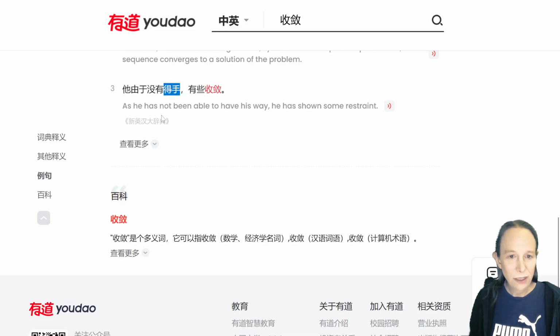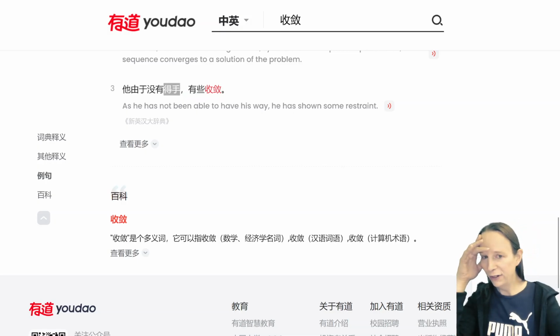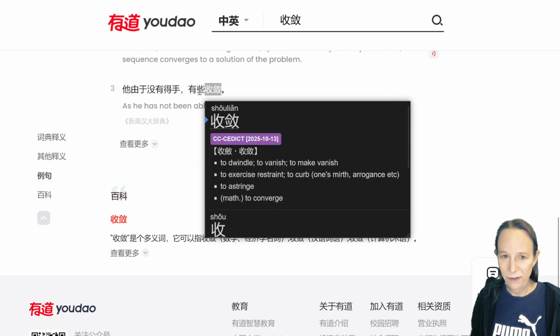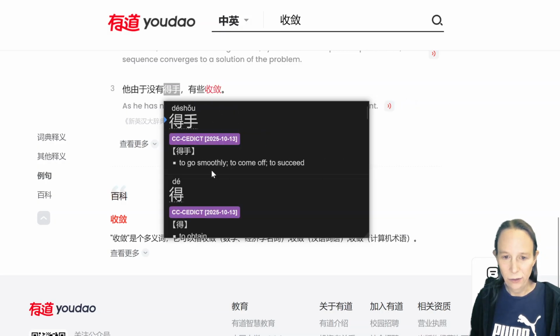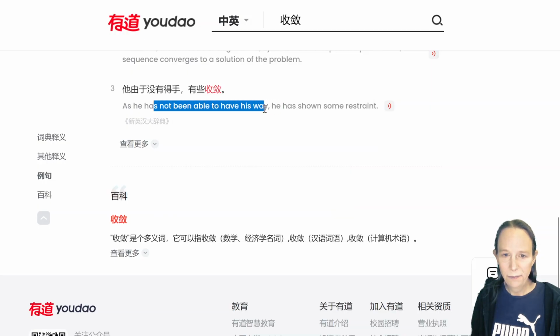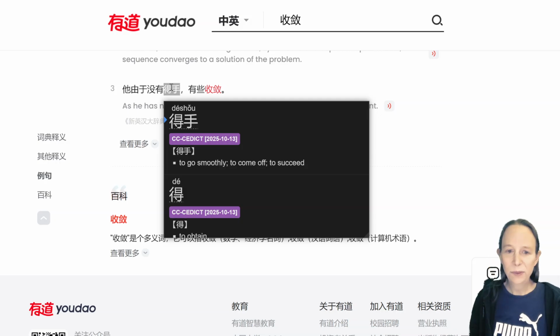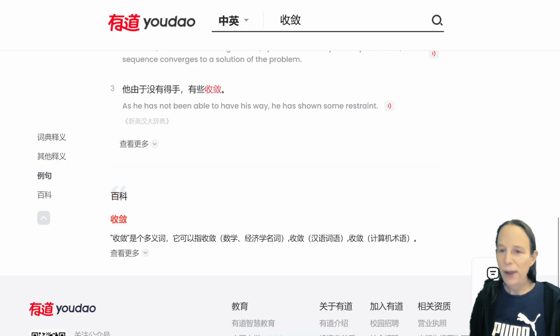Sorry, 得手 is capability or aptitude or something in this ballpark. Because he lacks aptitude, he's a bit reserved. 得手, maybe I should, this 没有 succeed. 没有得手. Maybe it's not exactly what I think. Wow, this is really hard.